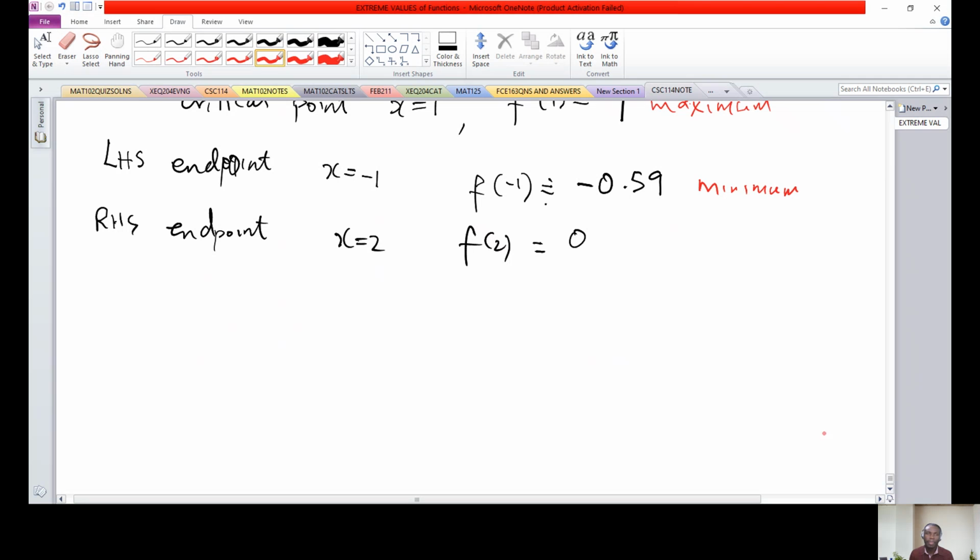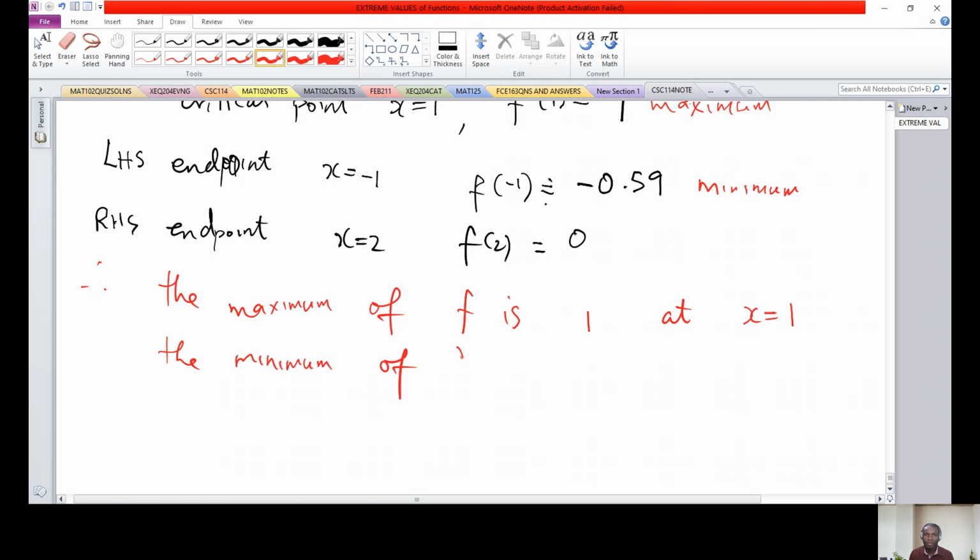So therefore we say the maximum of f is 1, which occurs at x equals 1, and the minimum of f is -0.59 at x equals -1.